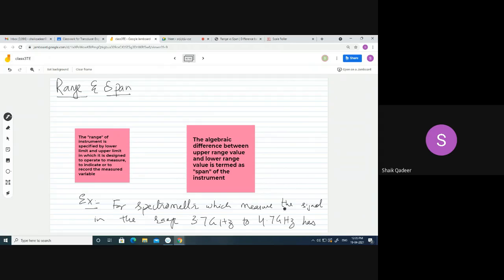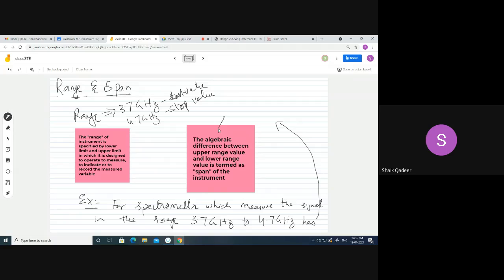Can I write over here? Yes, sir. Range is equal to 3.7 gigahertz as the start value, 4.7 gigahertz as the stop value.